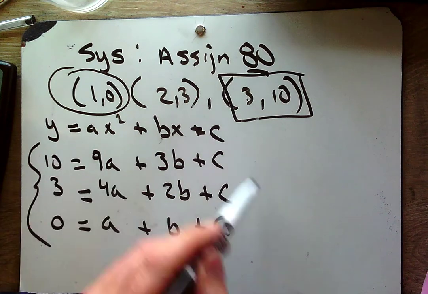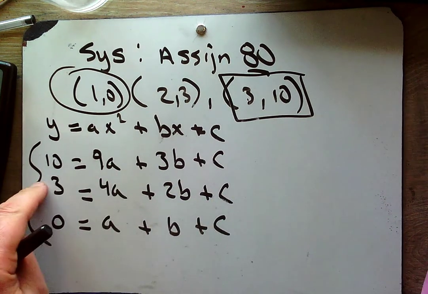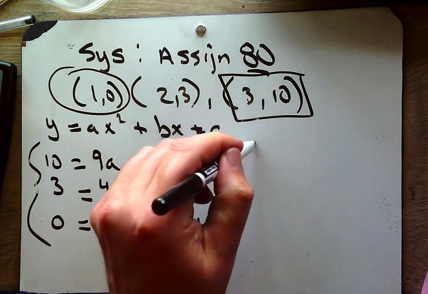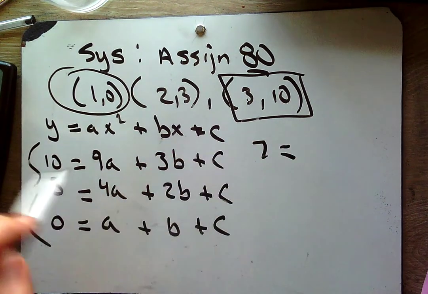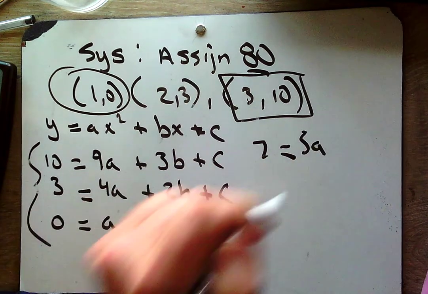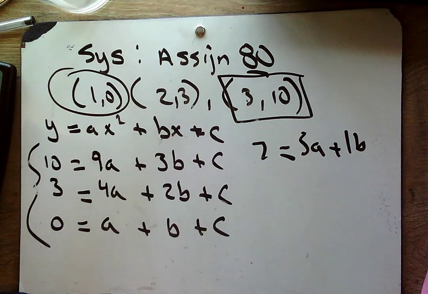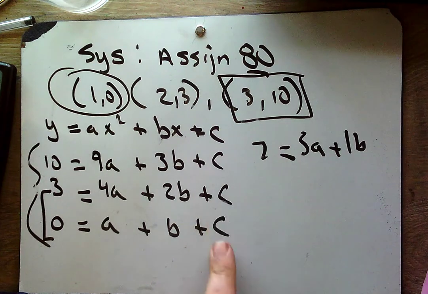Take these two and eliminate c, which means all I have to do is subtract this equation from that one. And that's going to give me 7 equals this minus this, 5a, this minus this, 1b, and c minus c cancels. Okay? Now I'm going to use these two equations, again, to eliminate c.